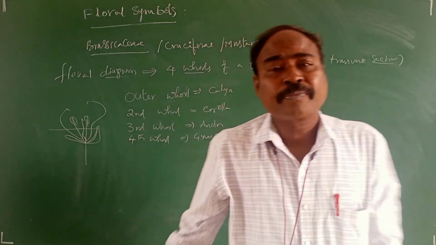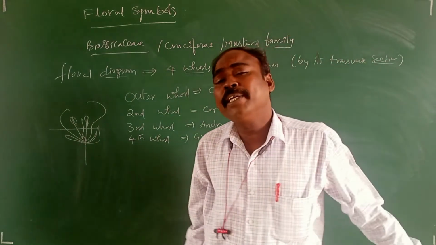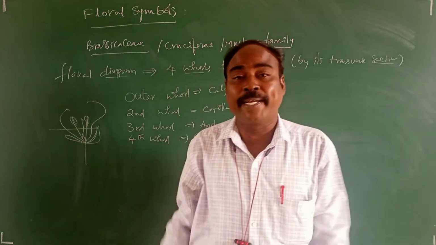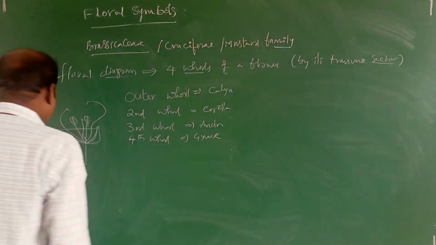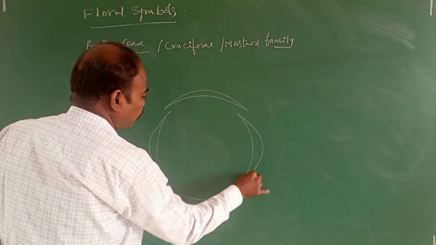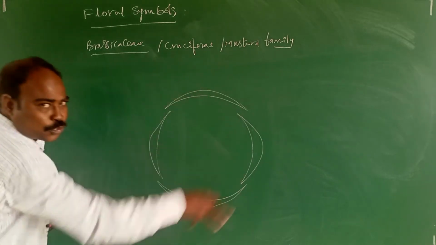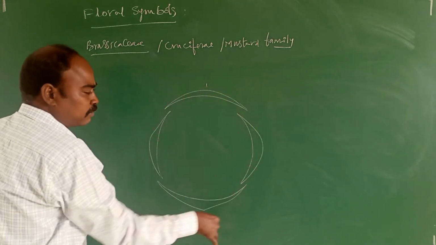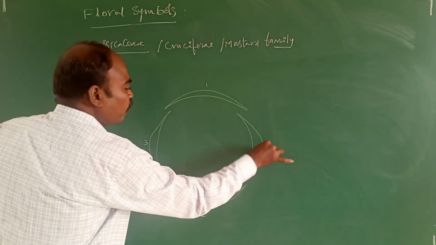What is estivation? Valvate, twisted, imbricate like estivation. Now here in the diagram estivation is also explained, right? Let us see the diagram of a Brassicaceae member. This is the sepals, outermost whorl: first sepal, second sepal, outer whorl, third sepal and fourth sepal.